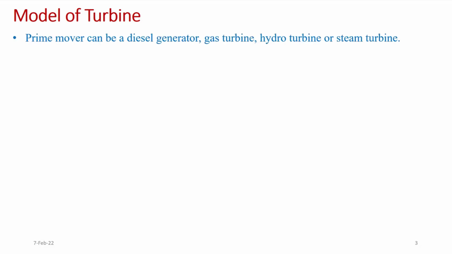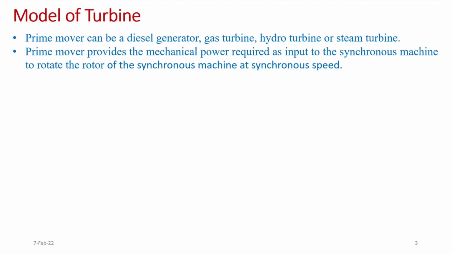So this is the prime mover, and it can be a diesel generator, gas turbine, hydro turbine or steam turbine, whatever we want. The prime mover provides the mechanical power required as input to the synchronous machine, to rotate the rotor at synchronous speed.